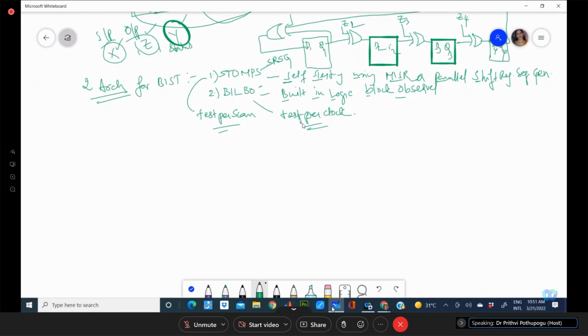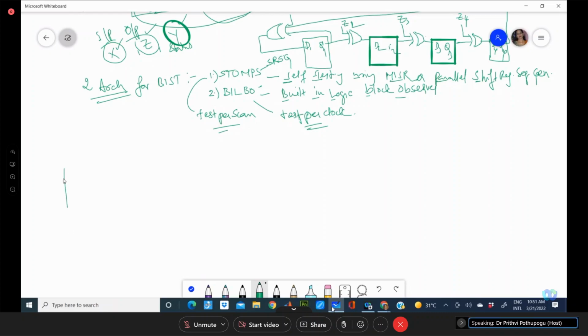If you take the STUMPS architecture, it has a setup of a scan chain. In earlier classes we have seen the scan chain as a set of shift registers acting as an input-output setup, the boundary scan cell. Hope you remember that.